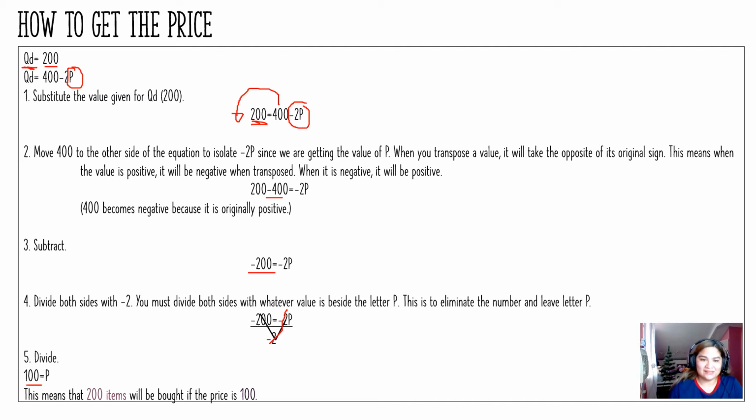So the answer is price is 100. The negative sign is canceled because both values have negative sign. So what remained are 100 and P. This means that 200 items will be bought if the price of the item is 100. So that is how you get the price.